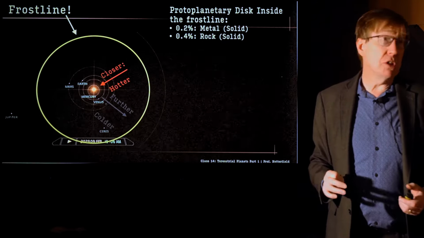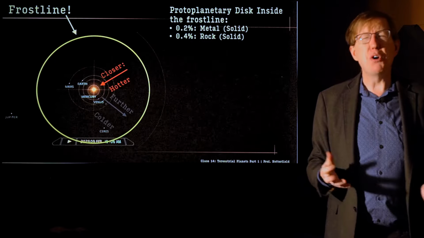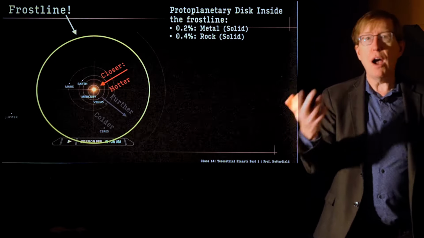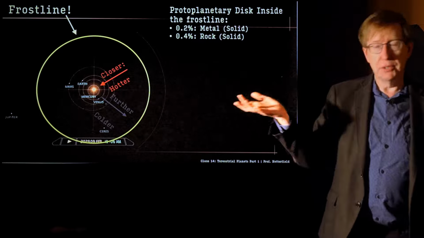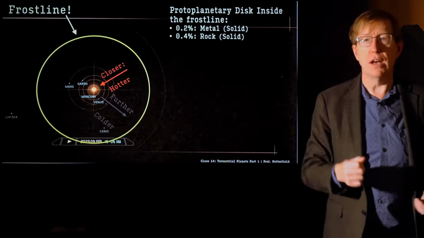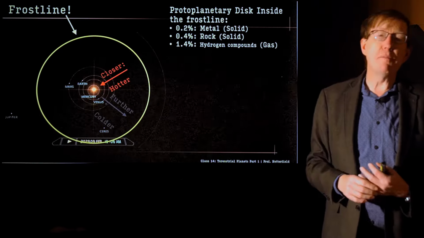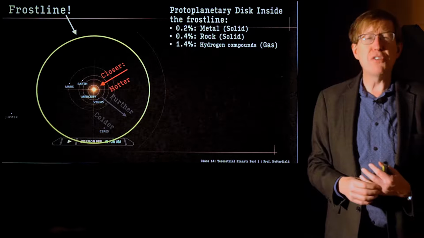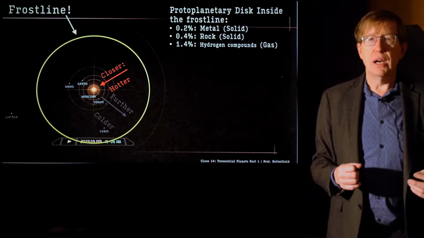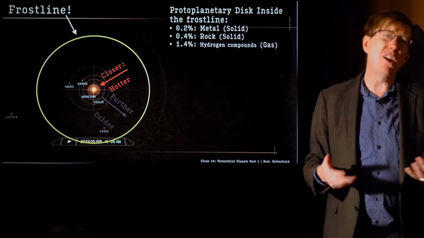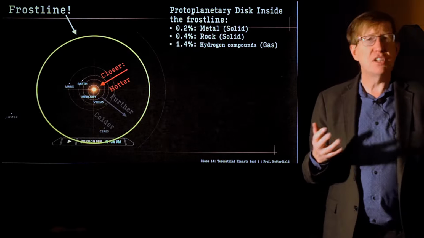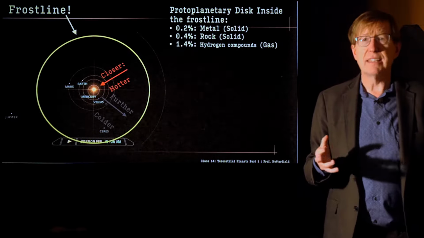Then there's materials that form rock, about 0.4%. It's cool enough for rock to be solid. Well, yeah, it's below a few hundred degrees, so the rock is solid. Also, there's about 1.4% of other molecules, mostly hydrogen compounds, but also, for example, nitrogen gas, oxygen gas, things like that.